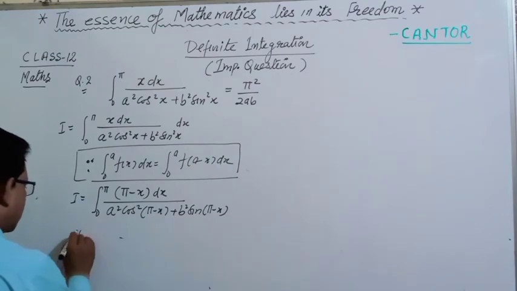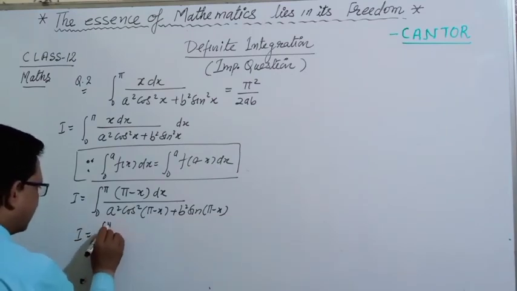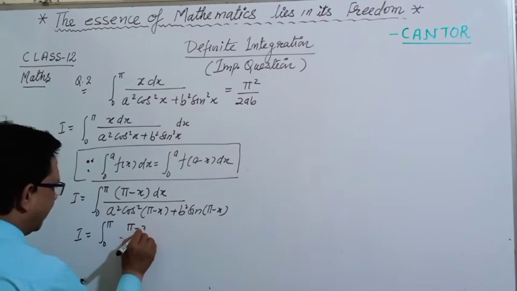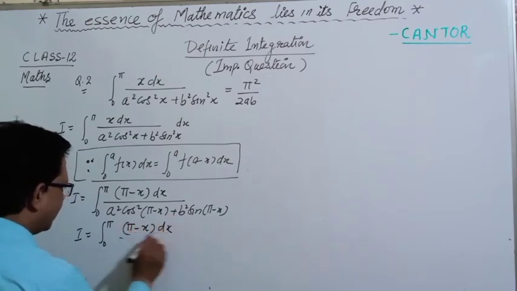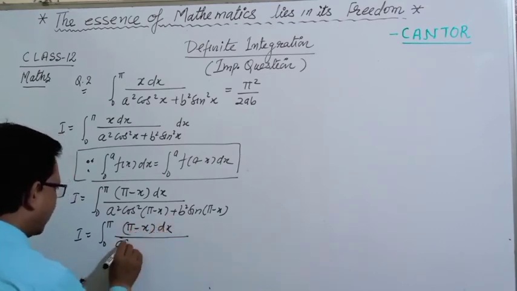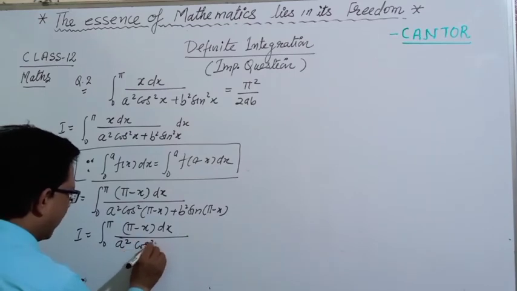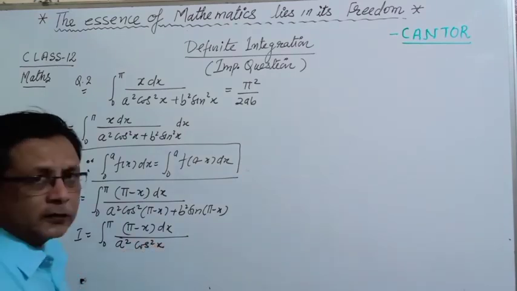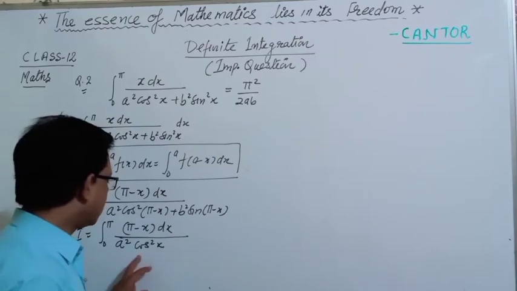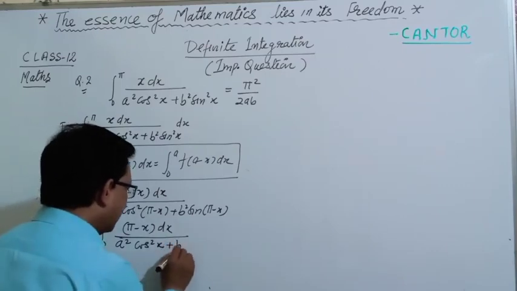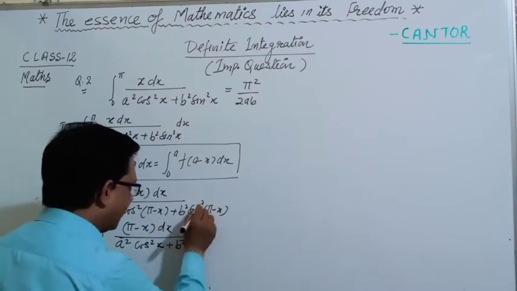Because the square is present, this is the integral from 0 to pi of (pi minus x) dx upon a square cos square x plus b square sin square x.